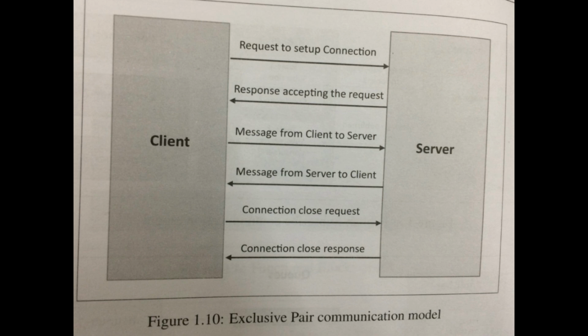Here one goes from the client to the server and the other goes from the server to the client. That's why it's called pair. Initially the connection is set up, then the messages are sent, finally it is closed.